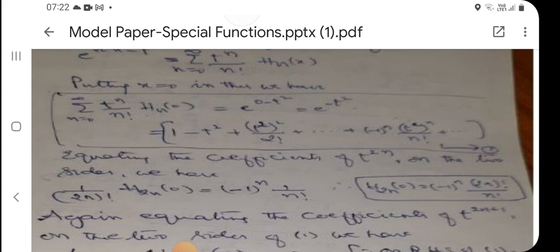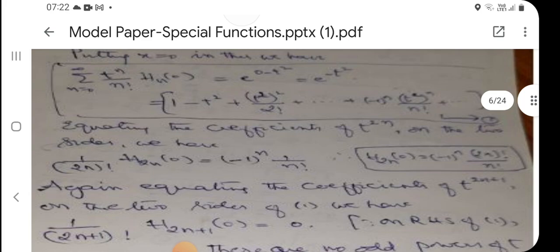So we have H_{2n}(0) is nothing but (-1)^n (2n)! by n!.